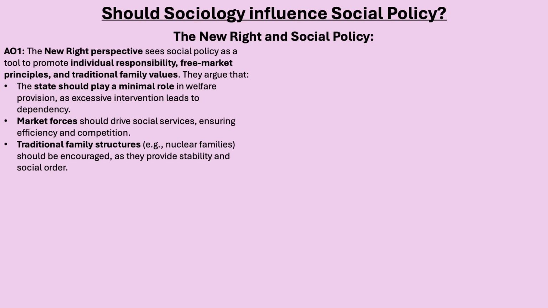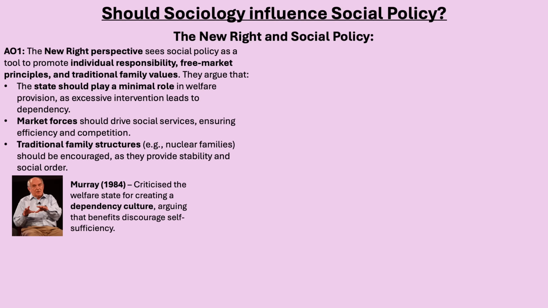Market forces should drive social services, ensuring efficiency and competition. Traditional family structures, like the nuclear family, should be encouraged to provide stability and social order. Charles Murray criticised the welfare state for creating a dependency culture, arguing that benefits discourage self-sufficiency.